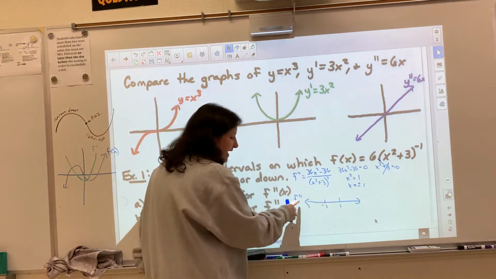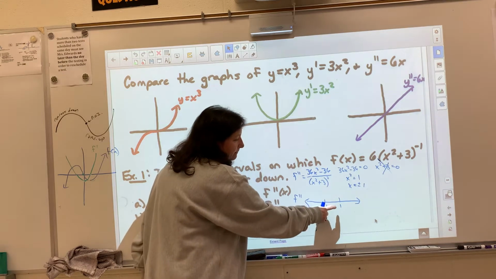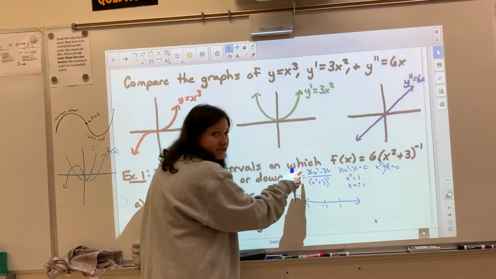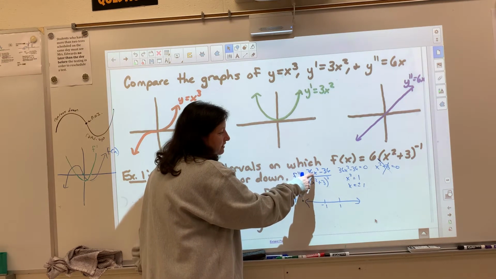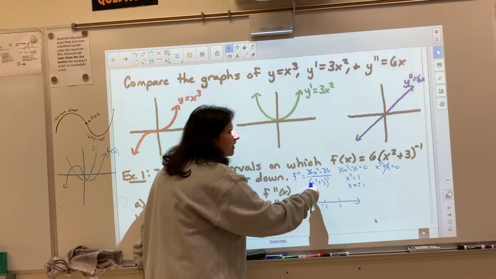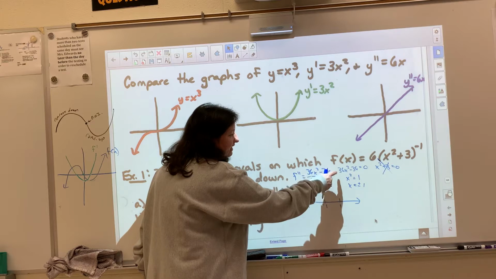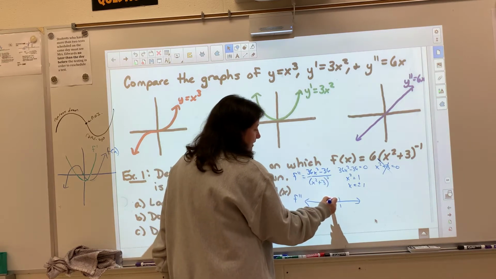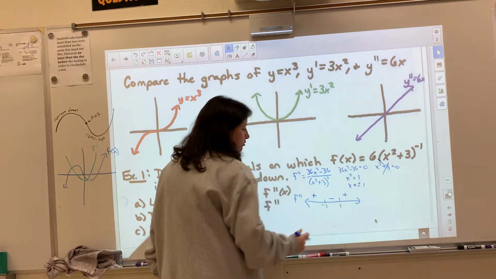We're going to plug the 0 into our second derivative. If we plug 0 into the second derivative, we get 0 minus 36 is negative. What's the bottom going to be no matter what I plug in? Positive, so when I plug 0 in, I get a negative over a positive makes a negative. None of these are double roots, so they alternate.